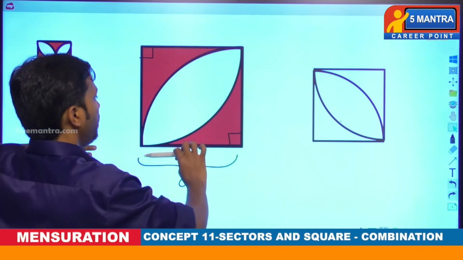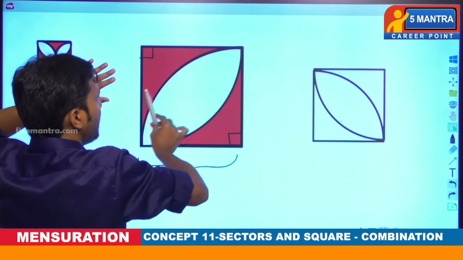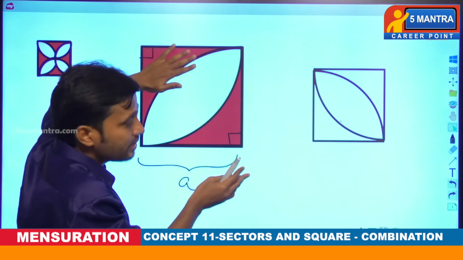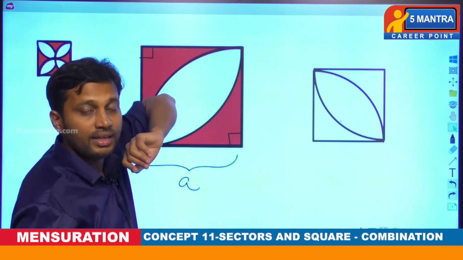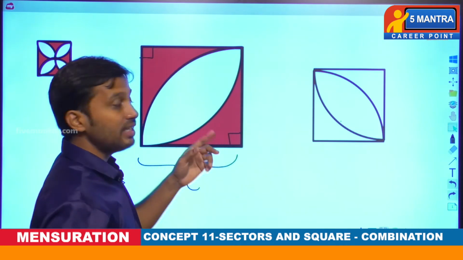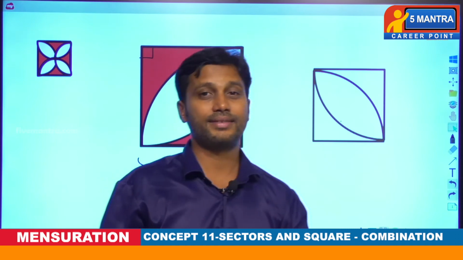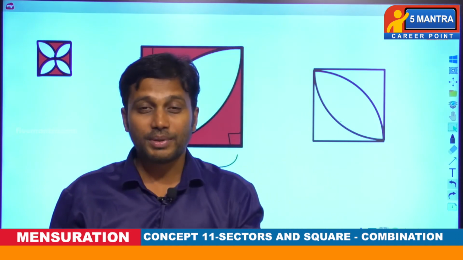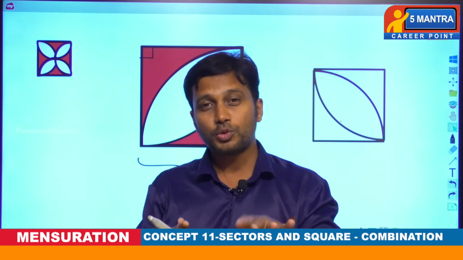Clear? Now when this sector is drawn and here this sector is drawn, both the sectors overlap one another. And what is the reason behind the overlap? The space inside the square is less than the sum of the areas of the two sectors.